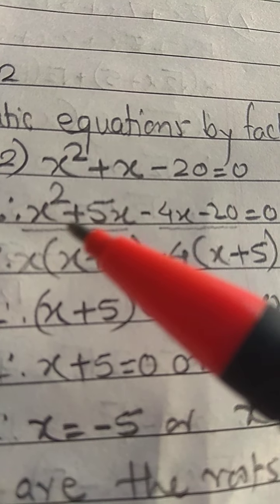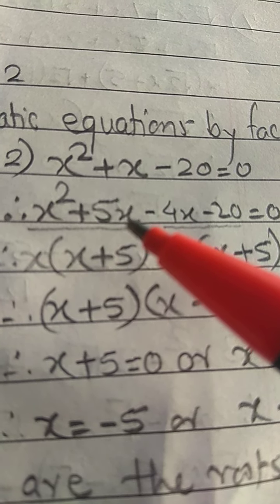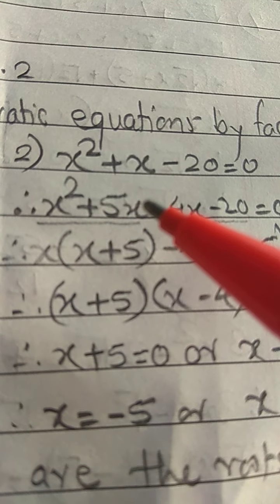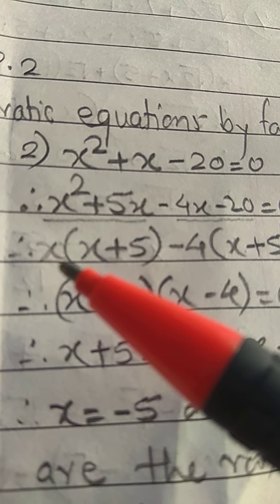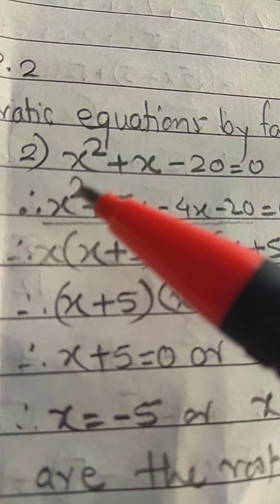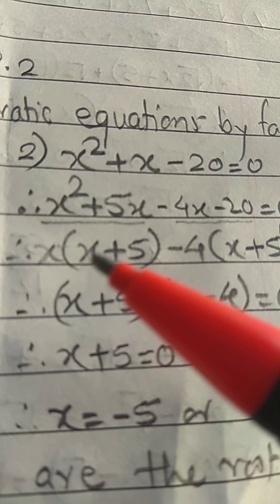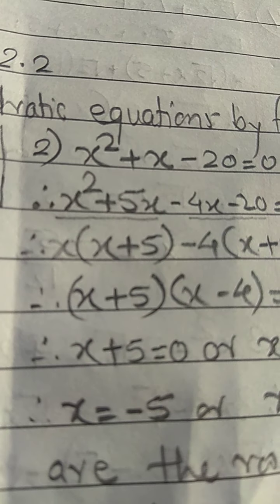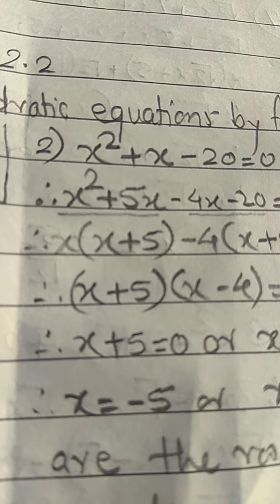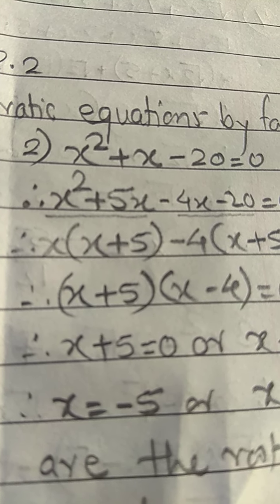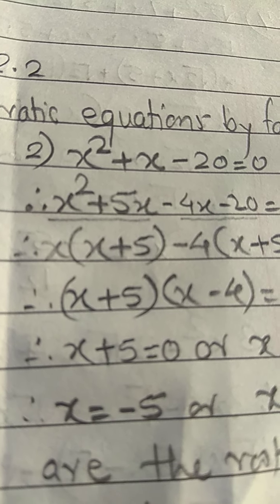Now x square plus 5x here, we can take x common from these two terms. What remains here is x. X square upon x gives x, 5x upon x gives 5. Whatever thing you are taking out common, we should divide the terms by that thing.